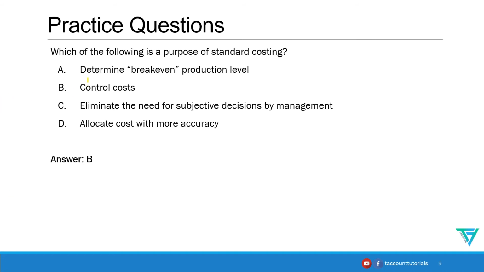Just to provide an explanation why the three other choices are incorrect. First, it does not guide management in determining the break-even production level. Again, in cost volume profit analysis, or break-even analysis, we are breaking down the total actual costs of the company into its variable and fixed components. Afterwards, we make use of those costs along with the prices to determine the break-even production level.